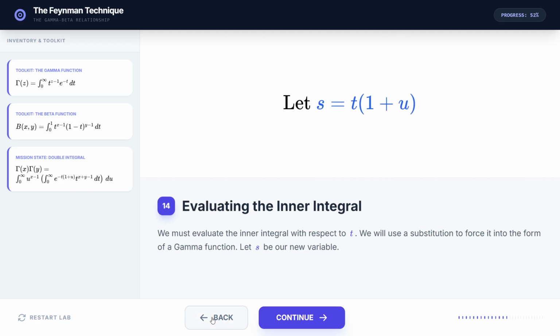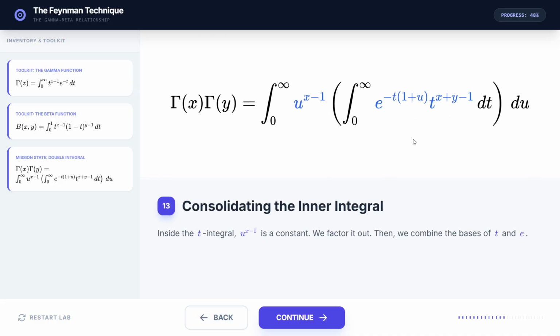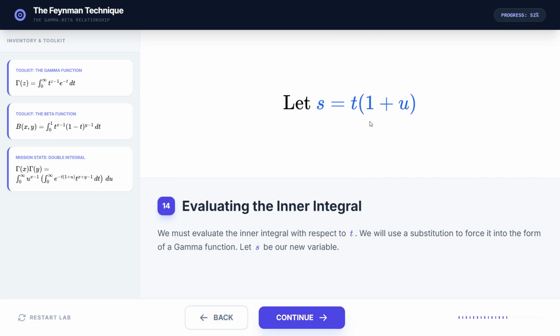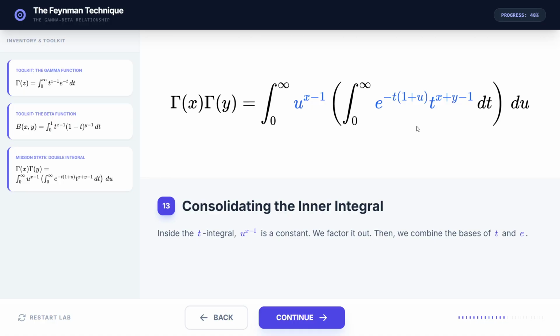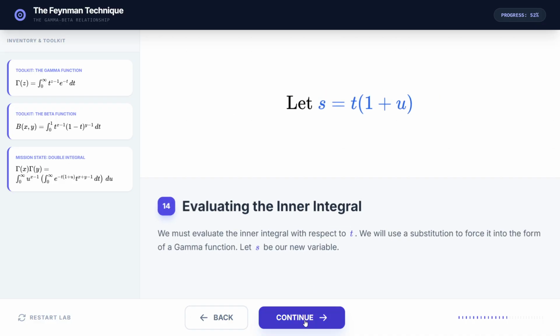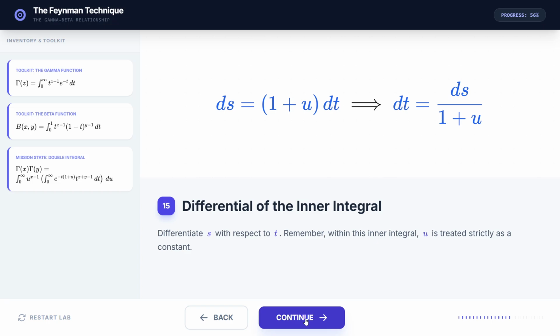And now in our inner integral, we are going to let some new variable s equal t times 1 plus u. And you can see that is right here. So this is going to become our new variable s after the substitution. All right. Well, doing all the differentiation and algebra is going to give us that dt is ds over 1 plus u.